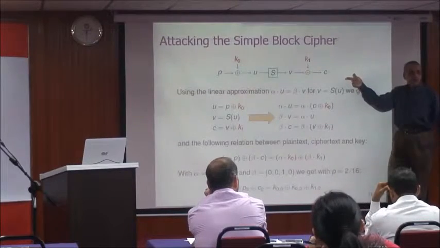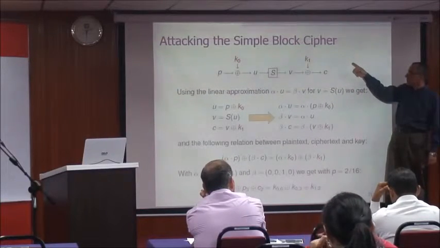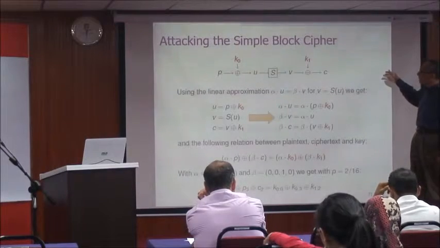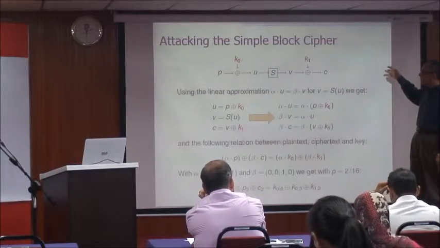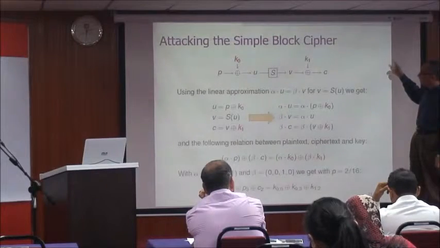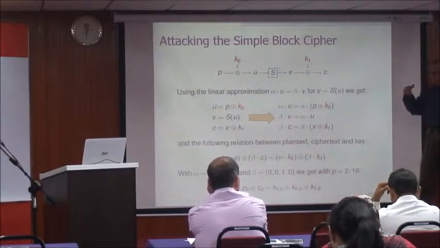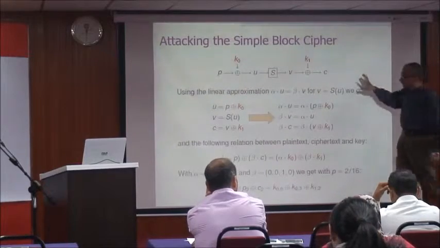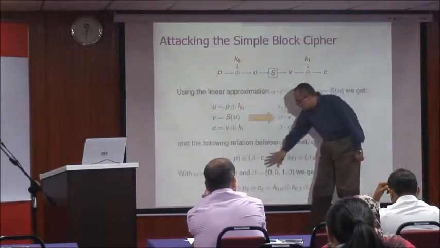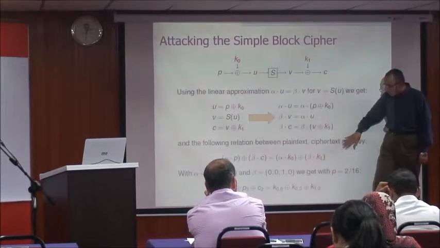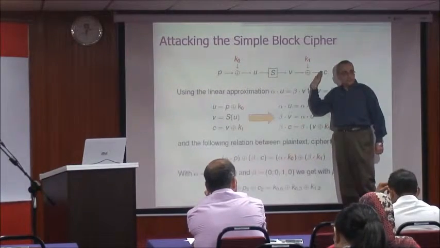So what you're going to do for this attack is, the way that linear cryptanalysis works is slightly different from differential cryptanalysis. After you build this approximation, you know that this relation holds for all the plain text, ciphertext pairs.